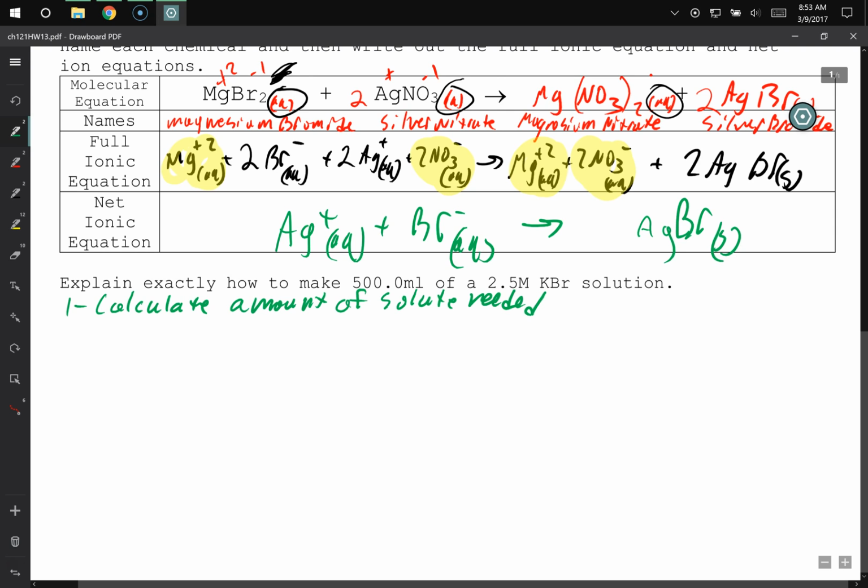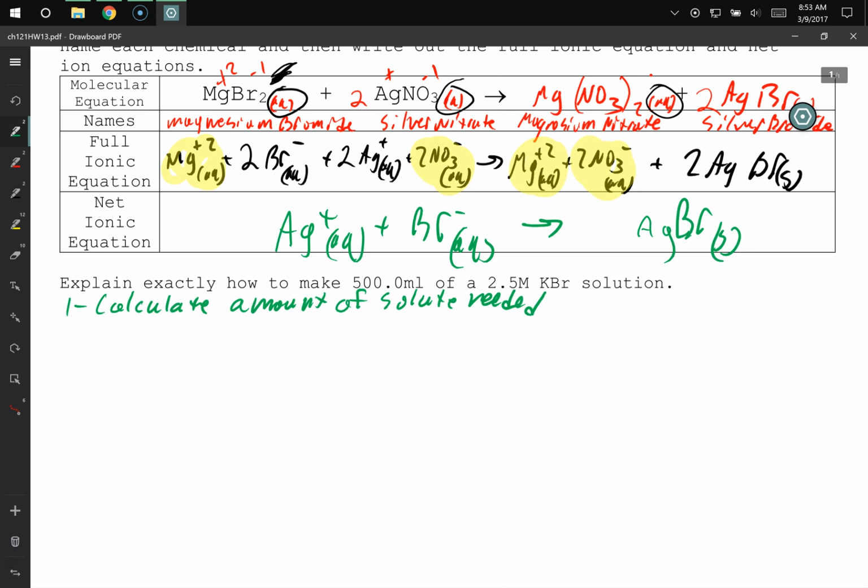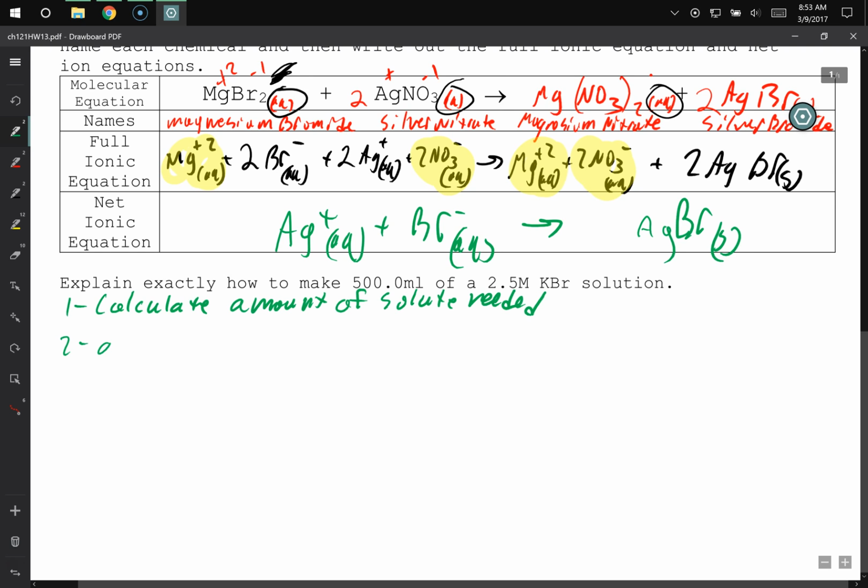What's the next thing you do? After I know how many grams I need, you're going to add that mass of solute to a volumetric flask.